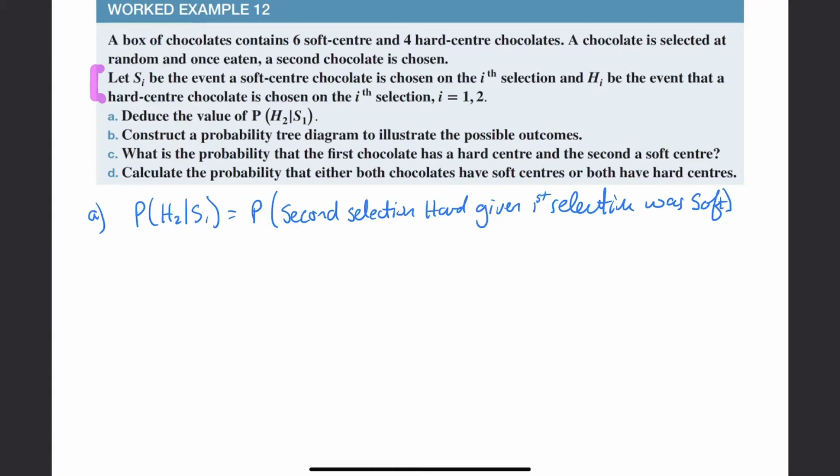So it's the probability of on the second selection having a hard center chocolate, given that the first selection was soft.